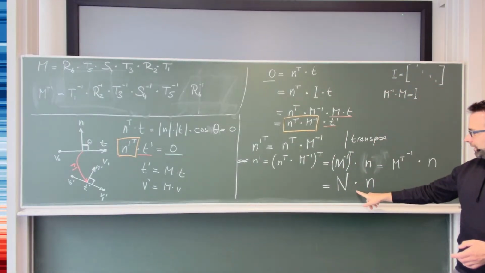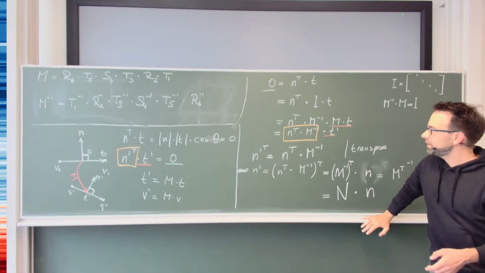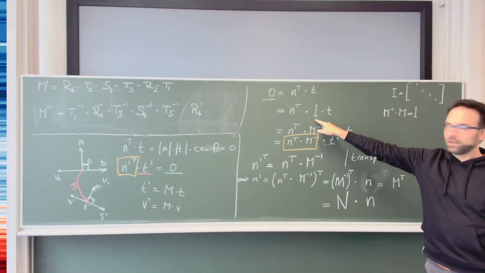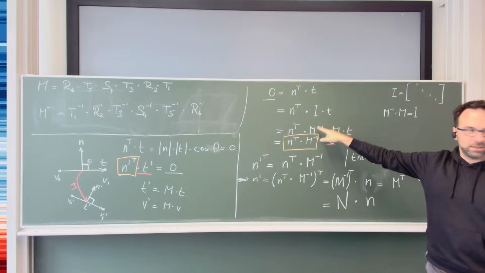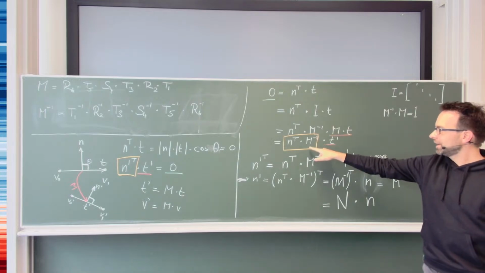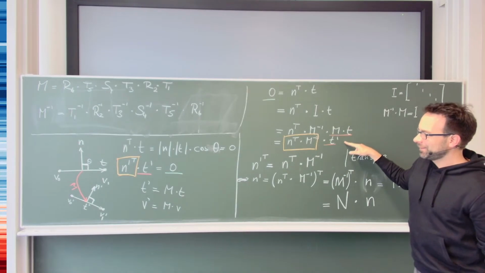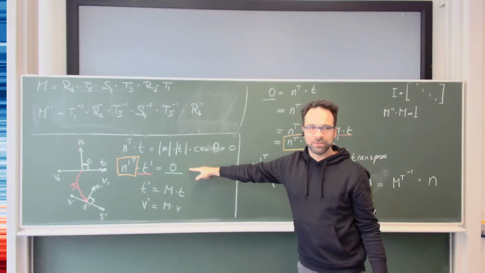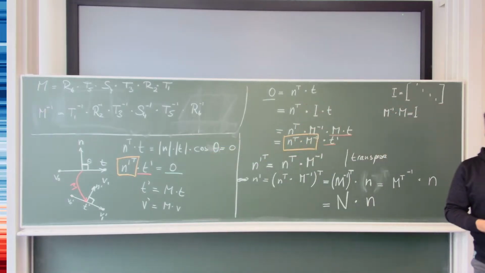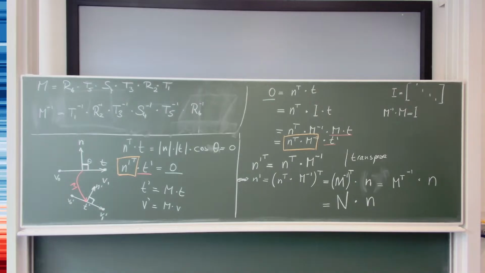How did we end there? Well, just by introducing a factor of 1, finding a fancy way of writing it, and then just comparing this line with what we have written initially. Okay? So nothing big to it, really. And that is how you transform normals if you want to allow for non-uniform scaling and shearing.